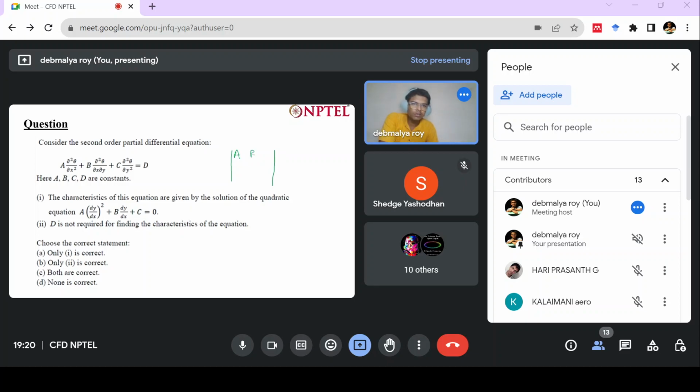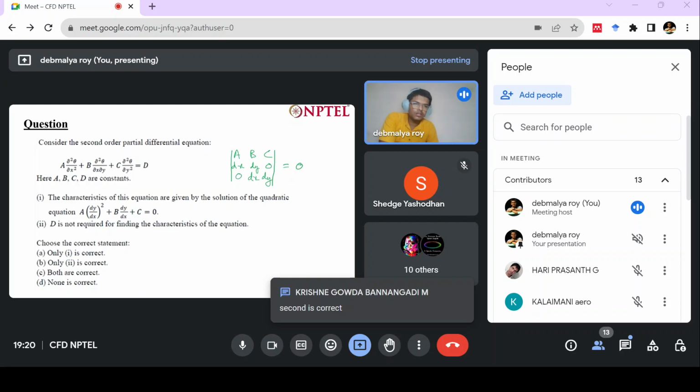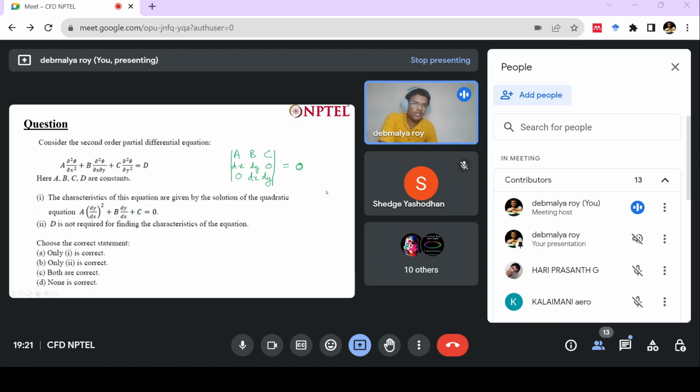So A, B, C, and this is dx, dy, 0 and 0, and this is dx. So this is 0. This is the matrix that comes up. Please expand this, and if you expand this, you will get the expression.